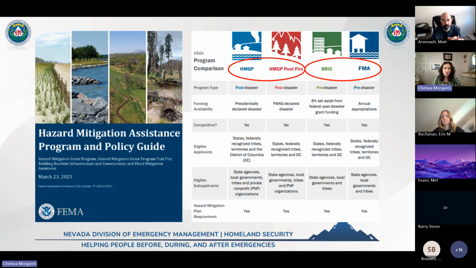If you are creating defensible space where you're protecting certain structures, or if you're retrofitting for non-combustible materials to protect different structures. Does anybody have any questions about wildfire mitigation, flood mitigation, any ideas about assets that you might want to protect?